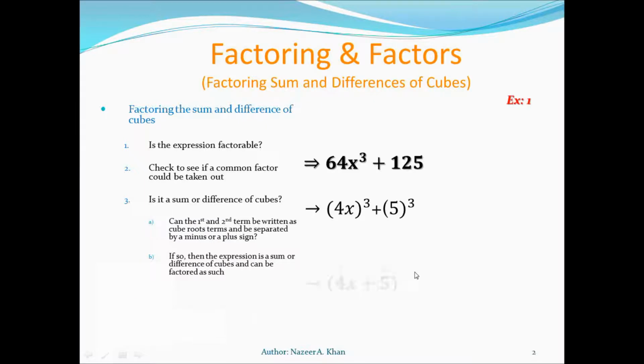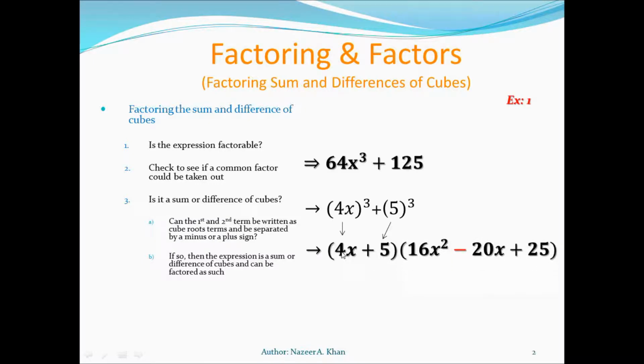Now, let's go and get our binomial. We know that it's going to factor as a binomial and a trinomial. I'm going to take the cube root of that and put it in the first position of the binomial. Cube root of the second term, put it in the second position of the binomial. Carry the sign in between them. I'm going to work from this position to get my trinomial now.